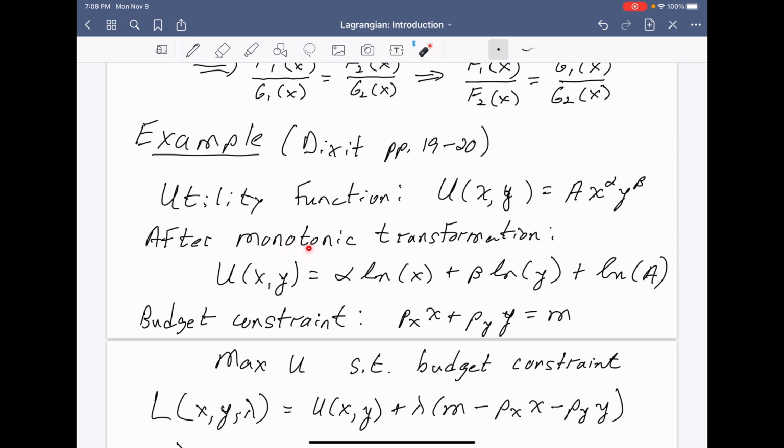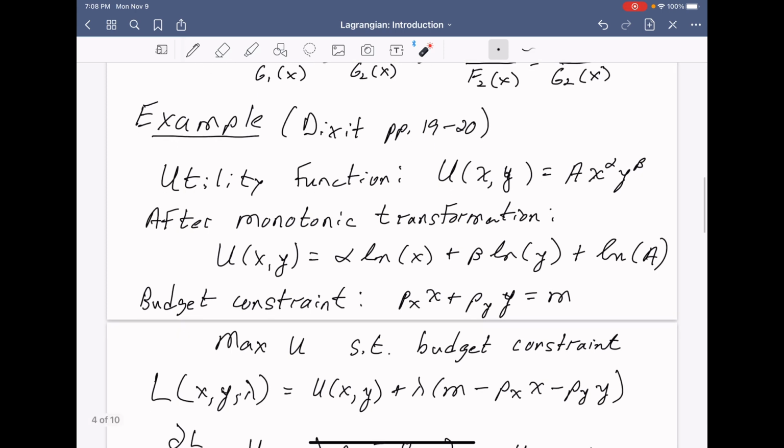Now we can do a monotonic transformation of this so that the new utility function is written as alpha log of x plus beta log of y plus log of a, but a is just a constant, and we'll see that it just falls out when we take first derivatives. And we have the budget constraint, p of x times x plus p of y times y is equal to m, our budget.